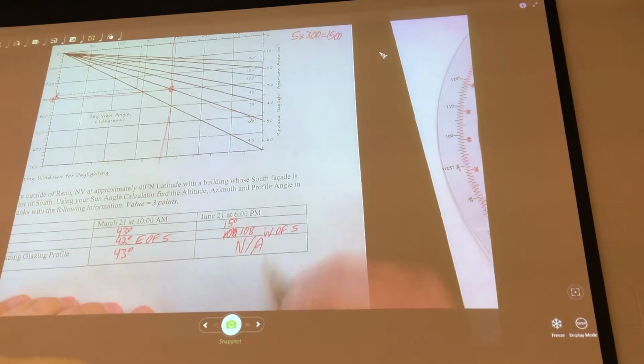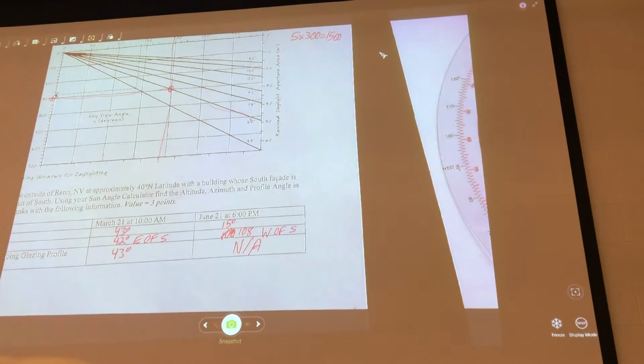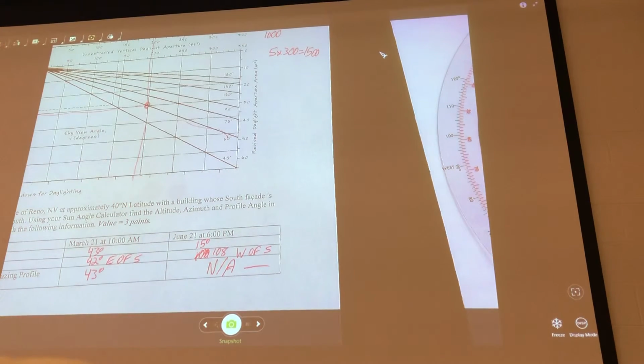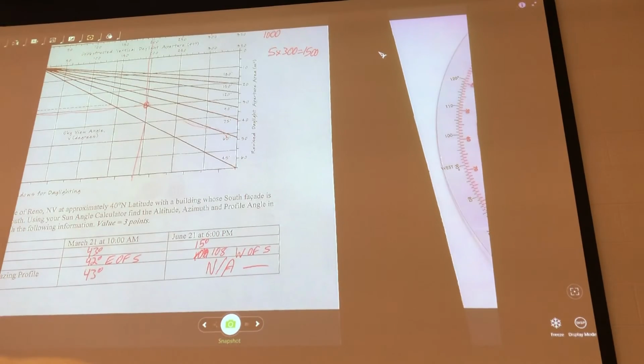Do not leave it blank because, well, that tells me you didn't answer the question. Put something there, put NA or put a dash, or there's nothing, there is no profile angle. That's what I'm looking for, is there is no profile angle. Give me some indication that you actually looked at that and said, oh, there isn't one. By leaving it blank, that's telling me you didn't answer the question.